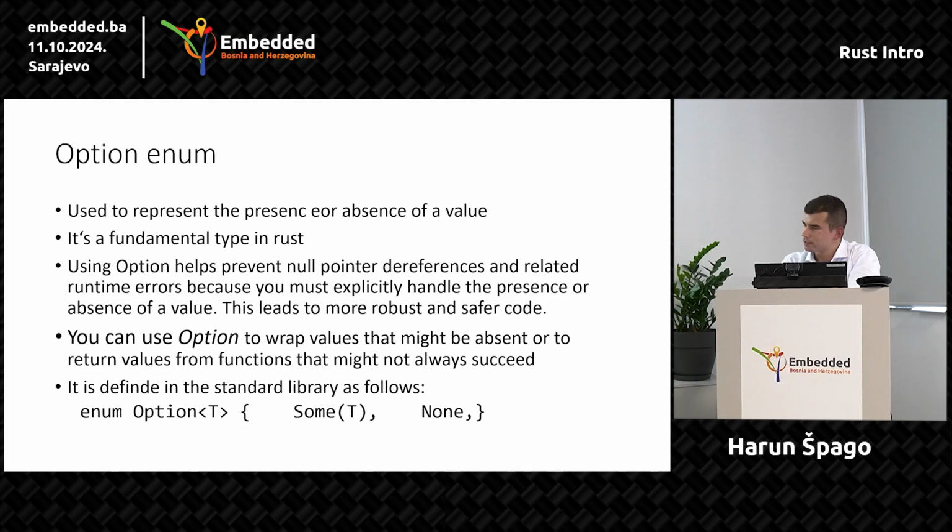So why does Rust have the Option enum? Rust does not have a null pointer. So if we want to say that something is not there, we just put None. I don't know if you heard about the CrowdStrike event.